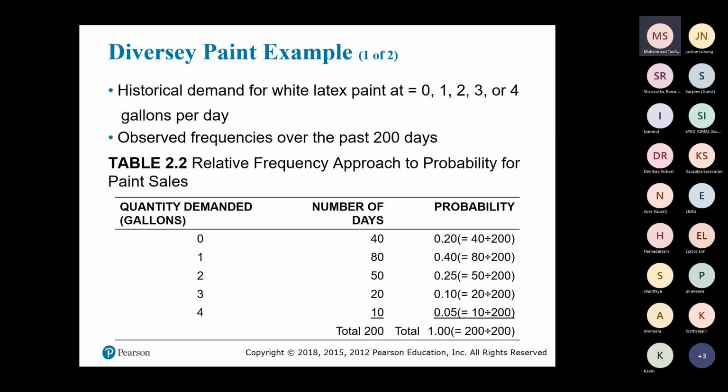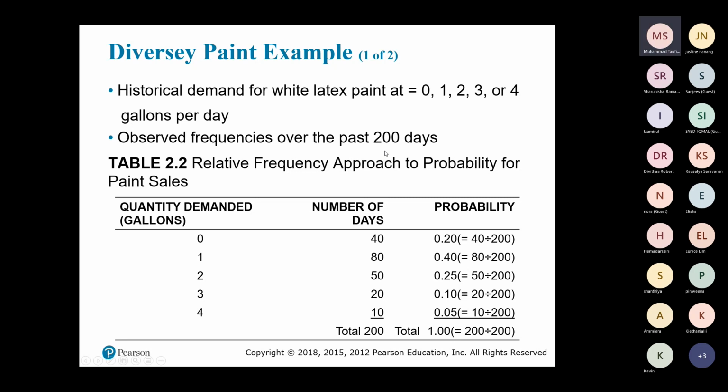And then on the fourth day, maybe you sell more, because suddenly people have a project. So you sell 4 gallons of paint, and so on. In this experiment, in this trial or observation, they ran it for 200 days.